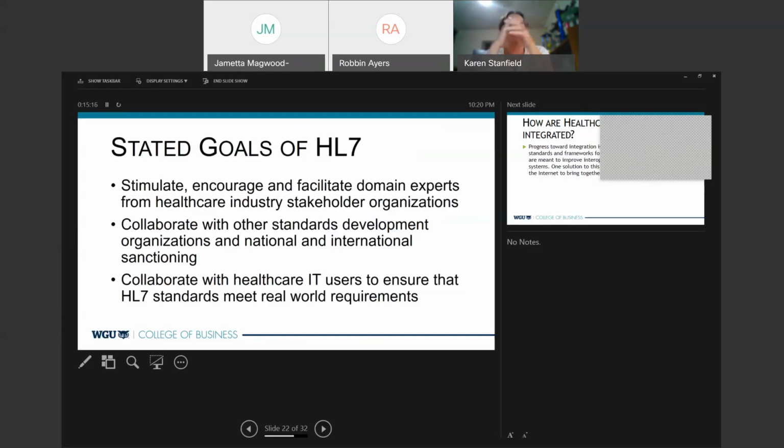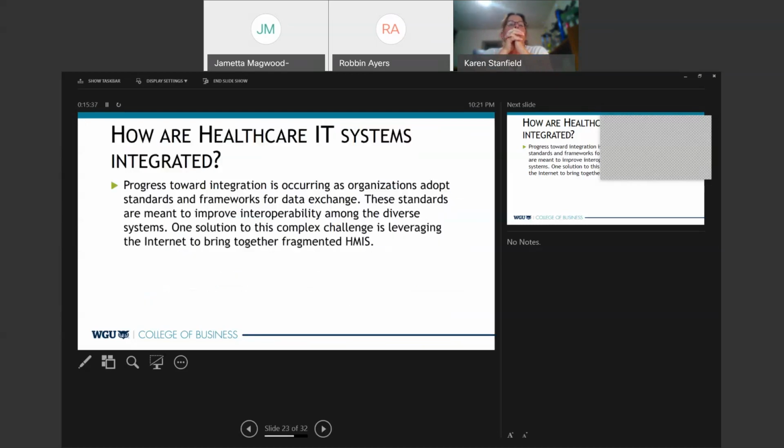They knew it would work. Okay. Then collaborate with the healthcare IT users to ensure that the HL7 standards meet real world requirements, not fantasy IT world, real world requirements: the security of patients, exchanging that information, data stewardship, making sure you have the data at the right time, right place, to the right person. Okay.